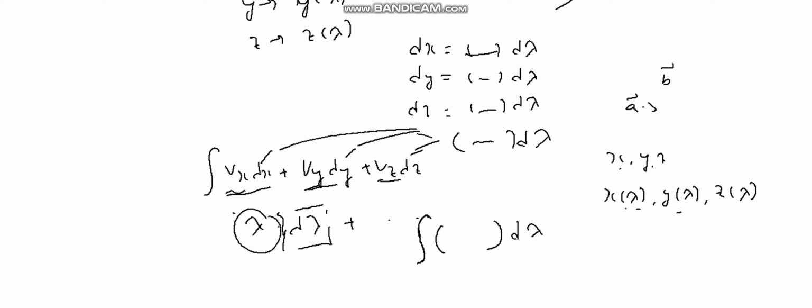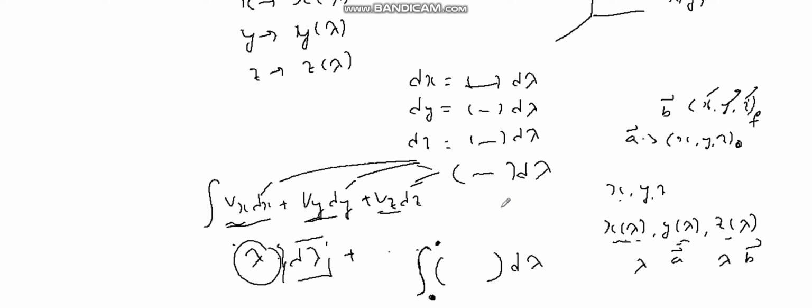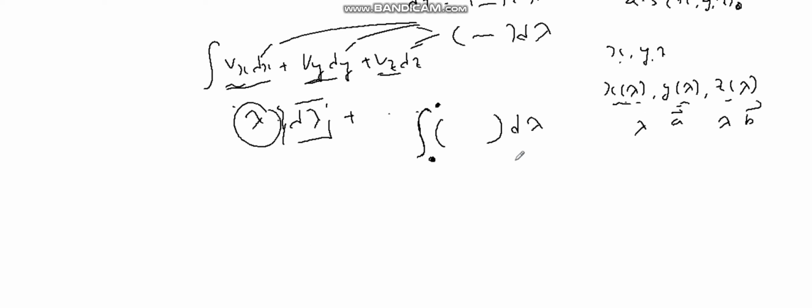Again, position vectors a and b are nothing but the coordinates x, y and z at the initial point and x, y, z at the final point. Putting this x, y, z into the curve, we will get the lambda for a and lambda for b, and plugging these values of lambda in as the lower limit and the upper limit, we can solve this integration.